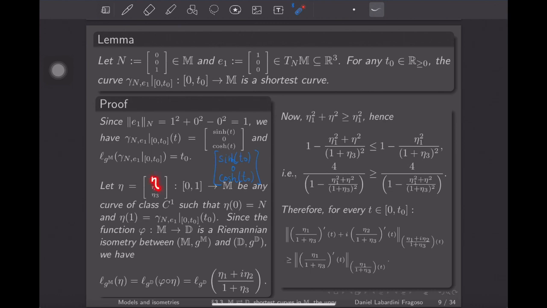So eta 1 is the function that gives me the first coordinate, eta 2 is the function that gives me the second coordinate, and eta 3 is the function that gives me the third coordinate of eta. Okay, and now I use the fact that I know that phi, the stereographic projection from M to D, is a Riemannian isometry.